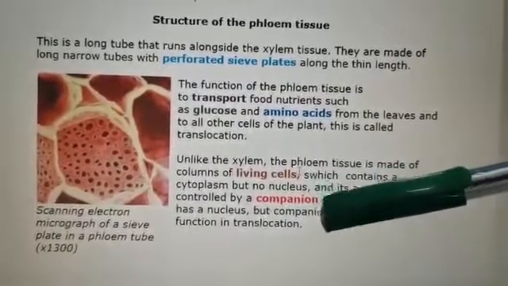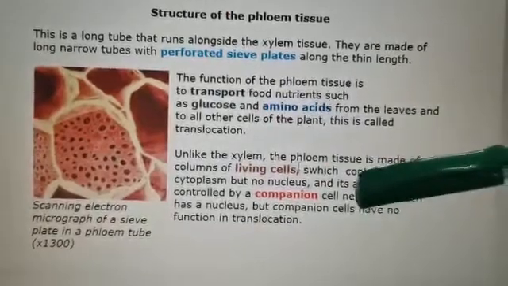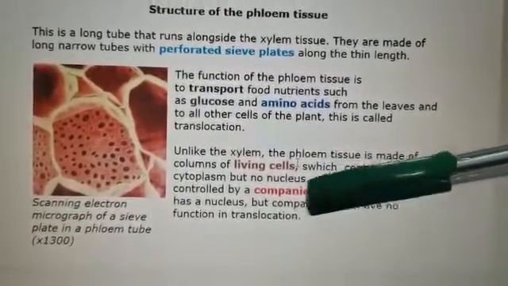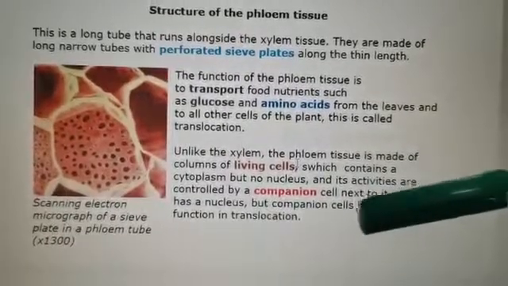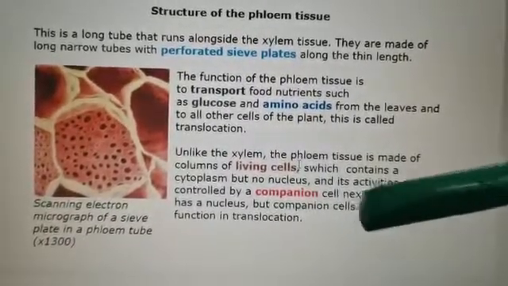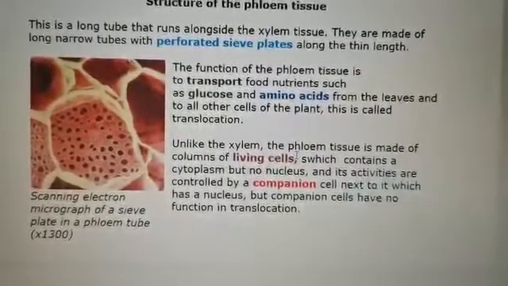There is a companion cell nearby the phloem tissue. This companion cell helps to control all the activities of the phloem tissue.